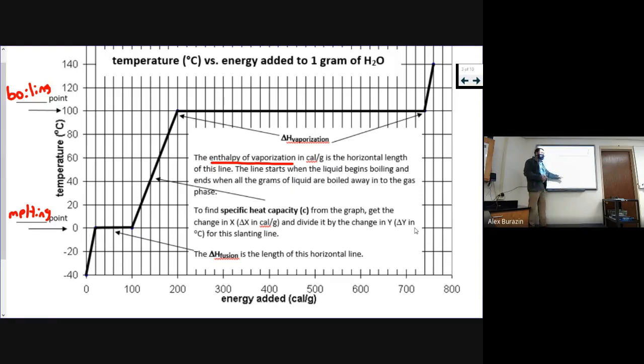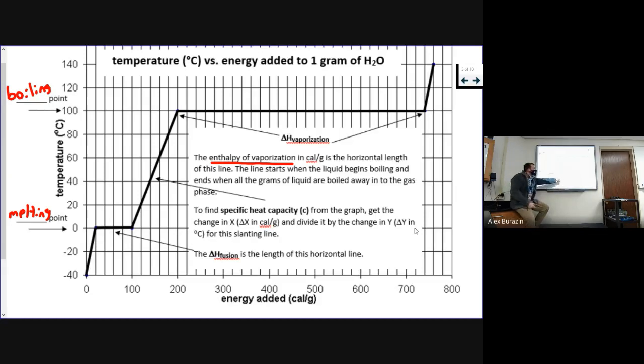Fusion is the fancy word for talking about the freezing or melting point. Now, this quantity, which is given the symbol delta H with a subscript VAP, or delta H with a subscript FUS, is referencing how much energy it takes to melt or boil this substance.